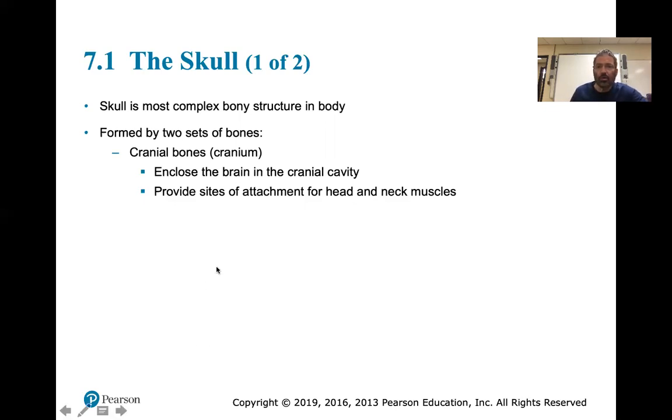The cranial bone, or cranium, encloses the brain and the cranial cavity, and provides sites for attachment of neck and head muscles. Please also keep in mind, if you're taking pathophys or neurology, that if there is inflammation or a septic infection in the brain, the dura mater, pia mater, and that fluid, as it expands, is going to stretch those tissues and cause a lot of pain.